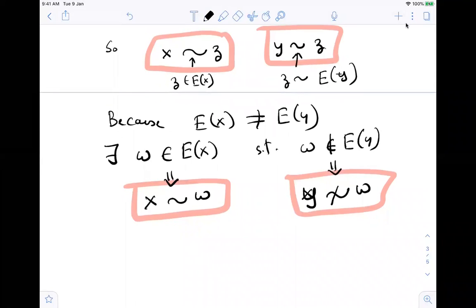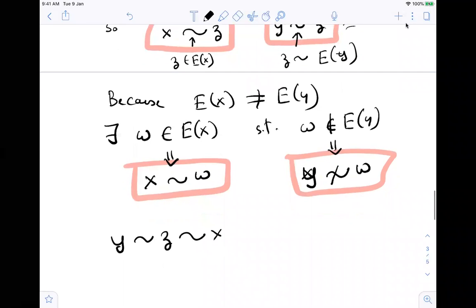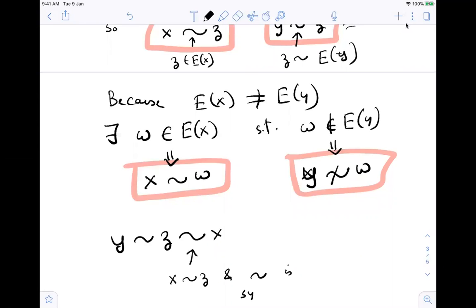Say y is related to Z. We know from this property that Z is related to x. Why? This is because x is related to Z and this one is symmetric.